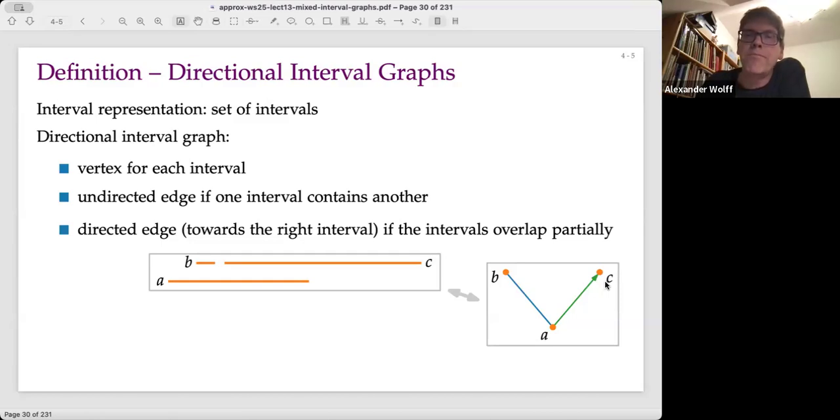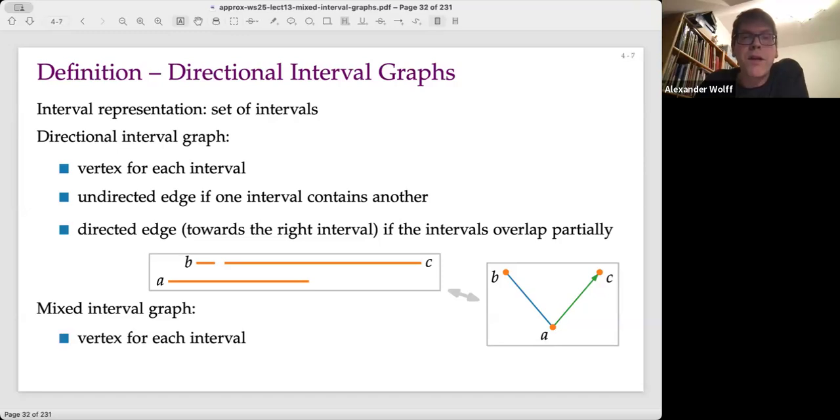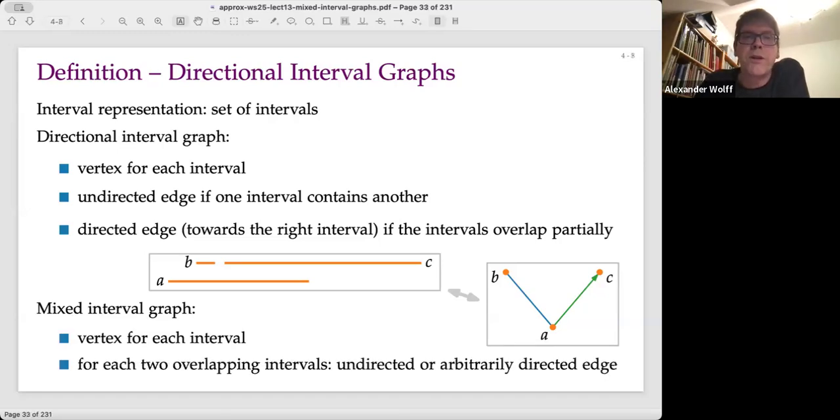And this will be used to express the thing as a coloring problem. So what I get is a mixed interval graph where I have a vertex for each interval, and for each two intervals that overlap, I either have an undirected or a directed edge.